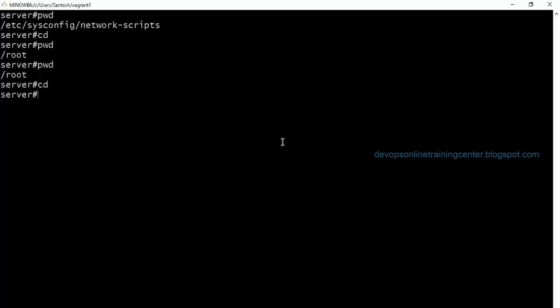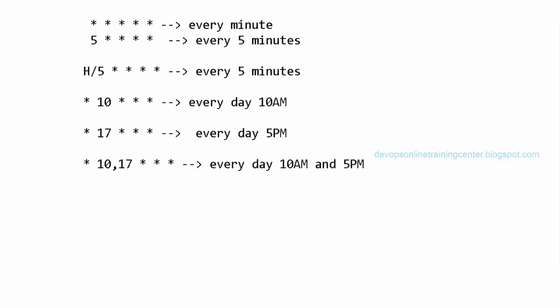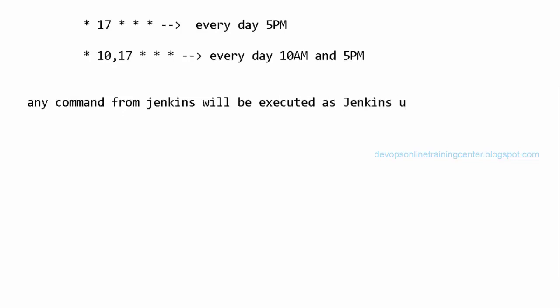I got your question. But what happens is, with which user will this command be executed on the Jenkins slave? When I execute a command like ls, any command from Jenkins will be executed as the Jenkins user.